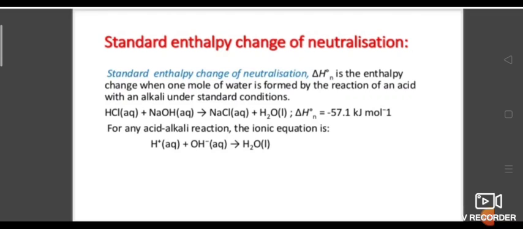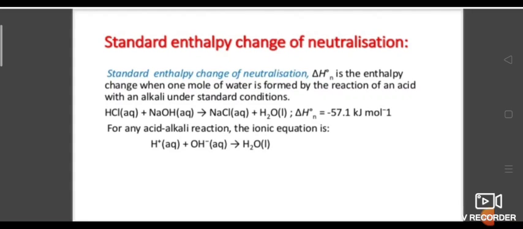So the neutralization reaction is delta HN. This is the neutralization reaction when hydrogen is combined with OH. NaOH dissociates into Na and OH, HCl dissociates into H and Cl. So H plus and OH minus combine to form water.